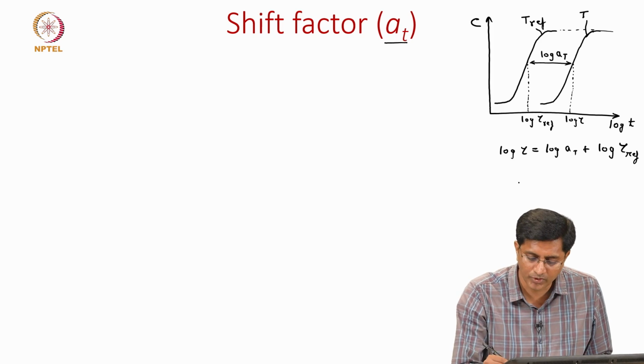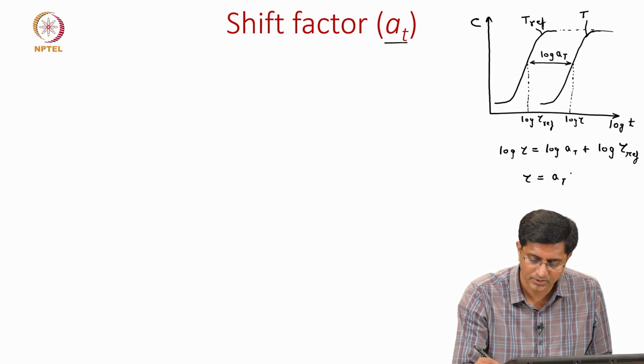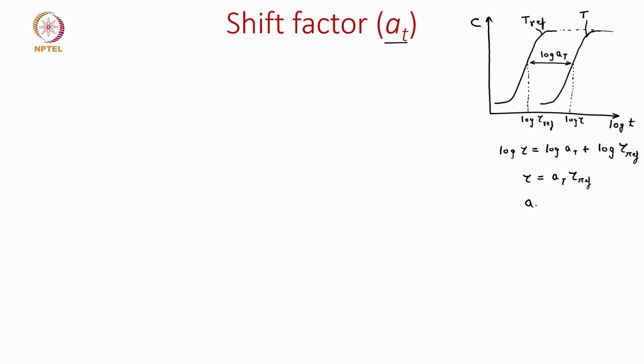So, if we remove the logs, one should be able to write this as tau is equal to A_T times tau reference, or A_T is simply the relaxation time at temperature T divided by the relaxation time at reference temperature T ref. Okay.